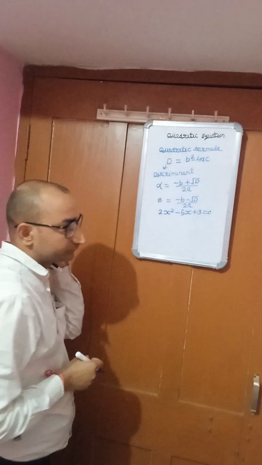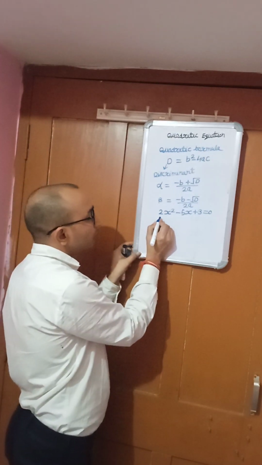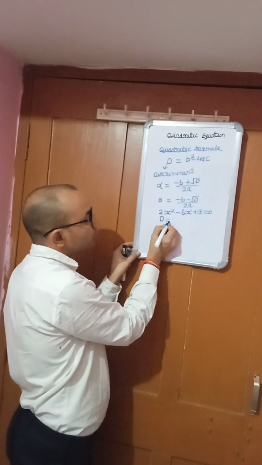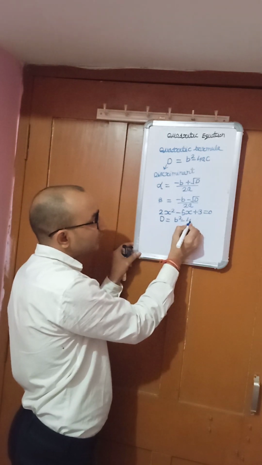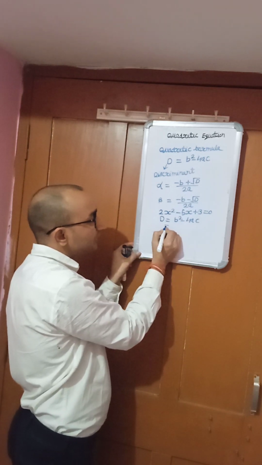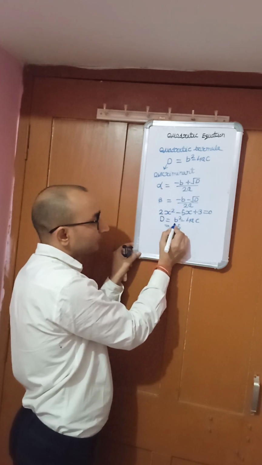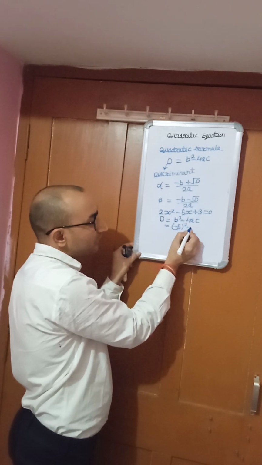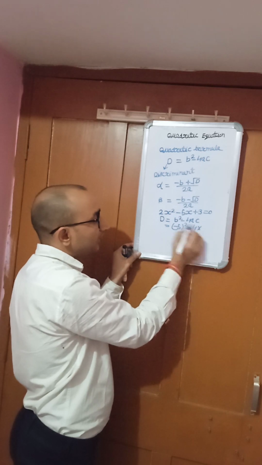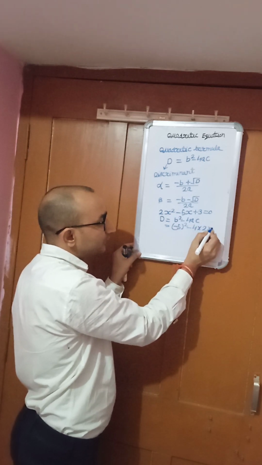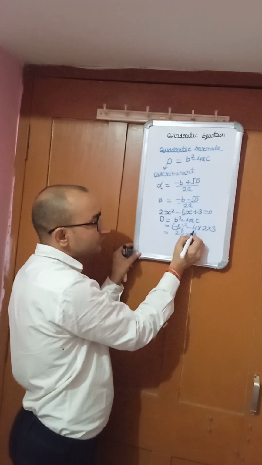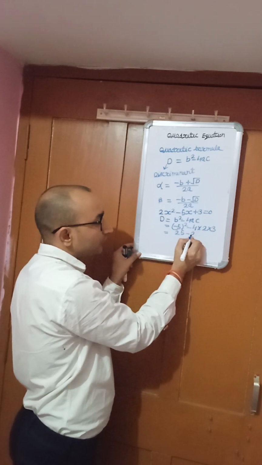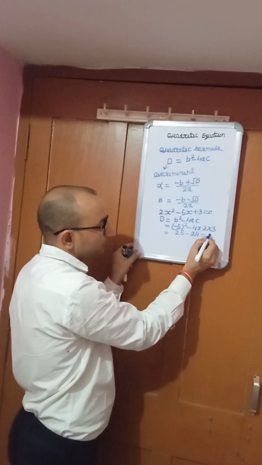So see here, we can find the value of D, that is D equals b square minus 4ac, and the value of b is minus 5, minus 4 into a into c. This becomes 25 minus 24 equals 1.